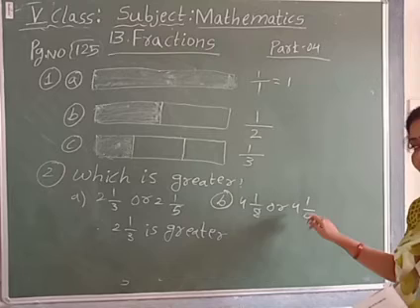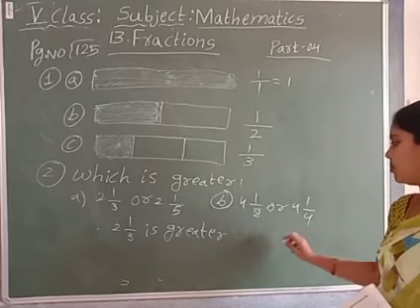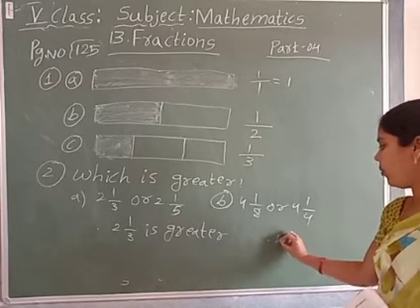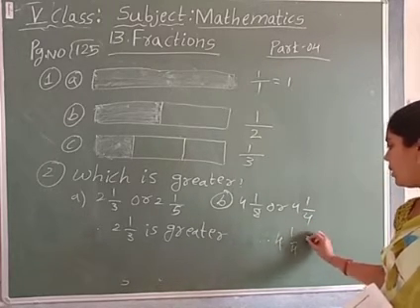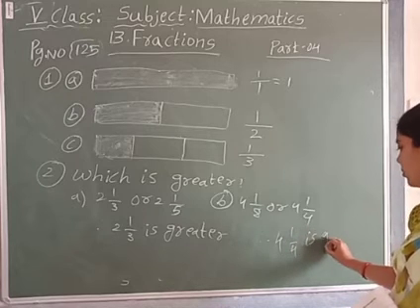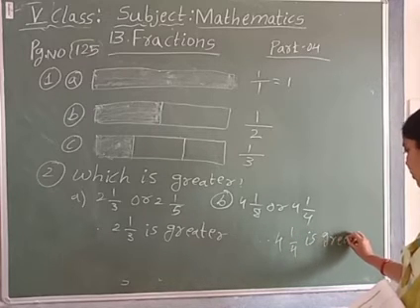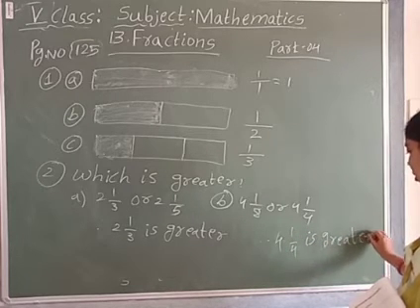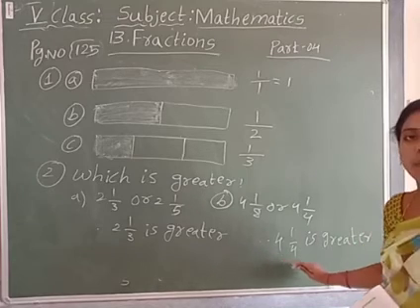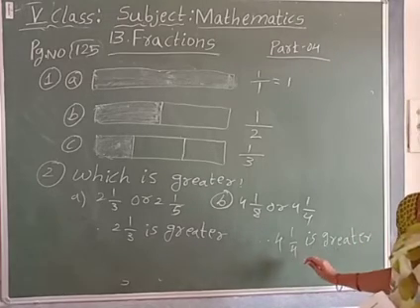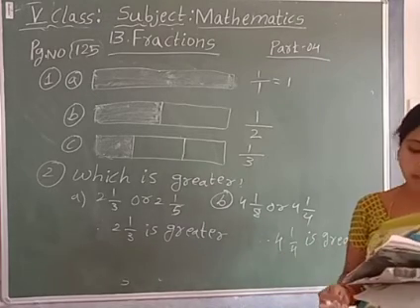If the denominator is small, that fraction is greater. See here, 4 1 by 4 is greater. Understand now? 4 1 by 4 is the greater fraction. So the remaining you will find out.